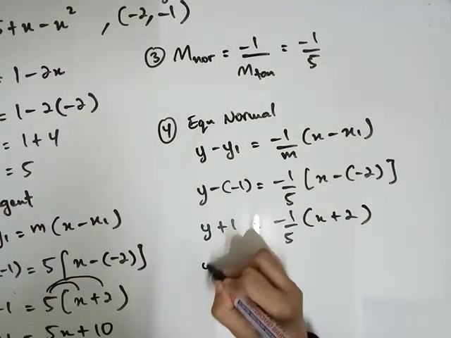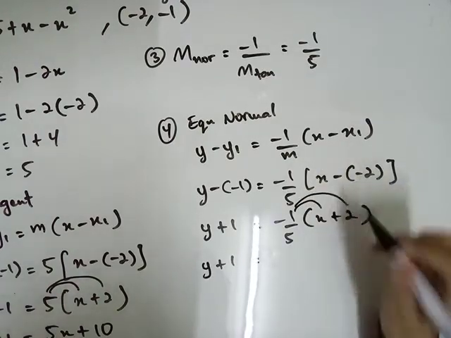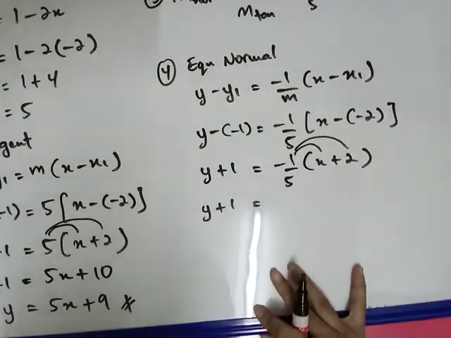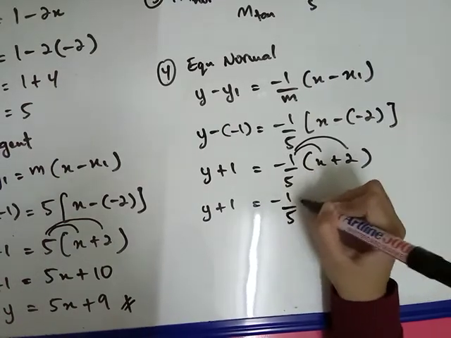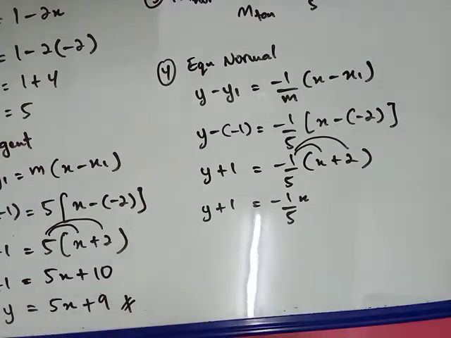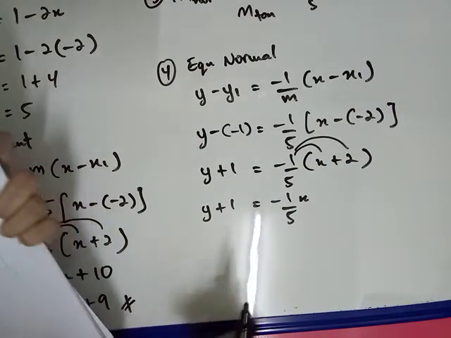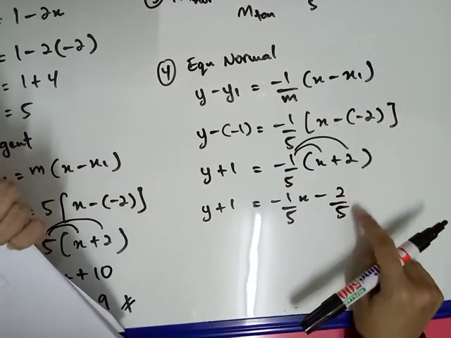So y plus 1 equals, you need to expand this one. How do you get it? Negative 1 over 5 x. Negative 1 over 5 times 2, you get negative 2 over 5. Try to calculate, did you get negative 2 over 5?